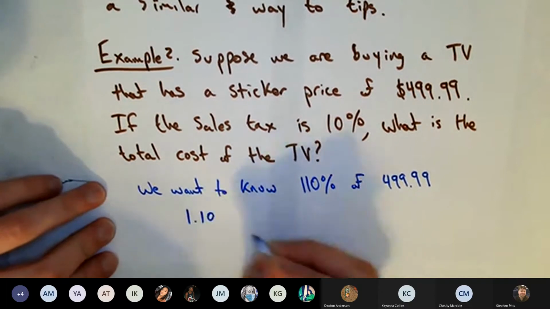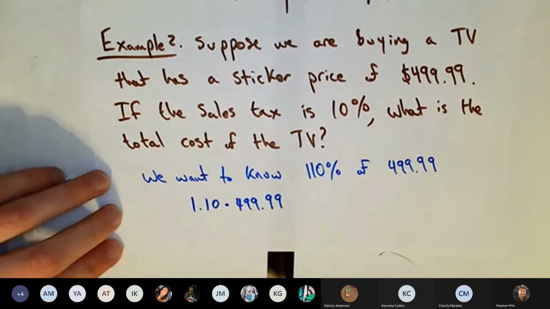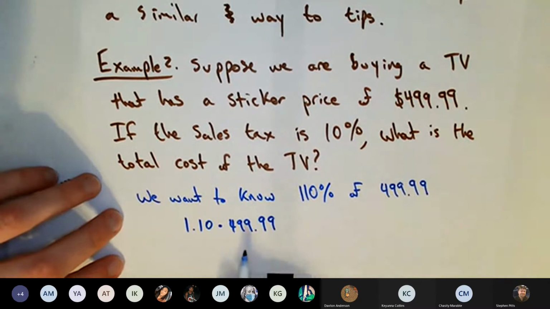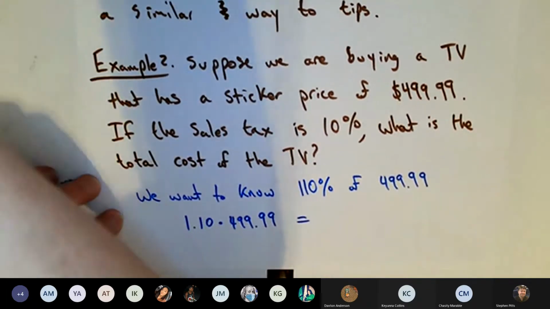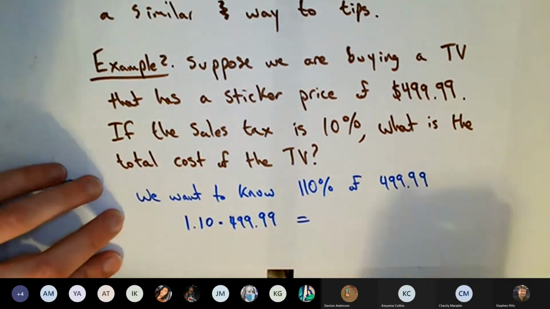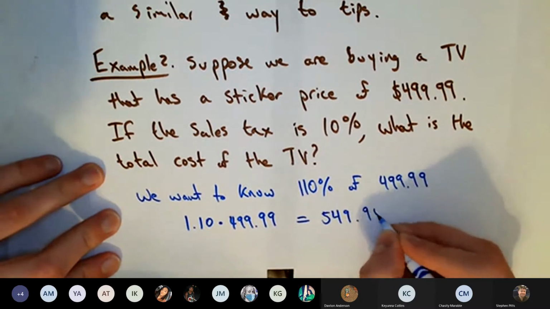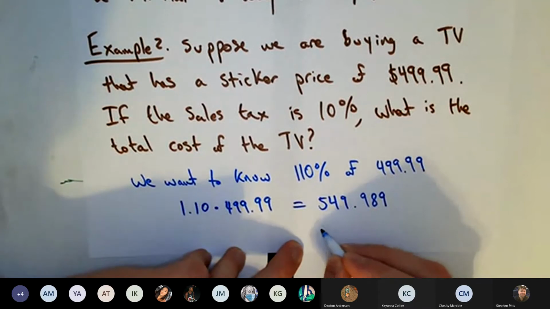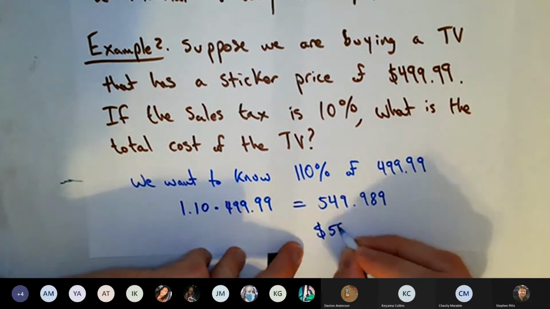So that's the same as 1.10 times that sticker price, $499.99, and that's going to give me 549.989. And then of course if I round correctly, because I want to have it as a dollar amount, right?